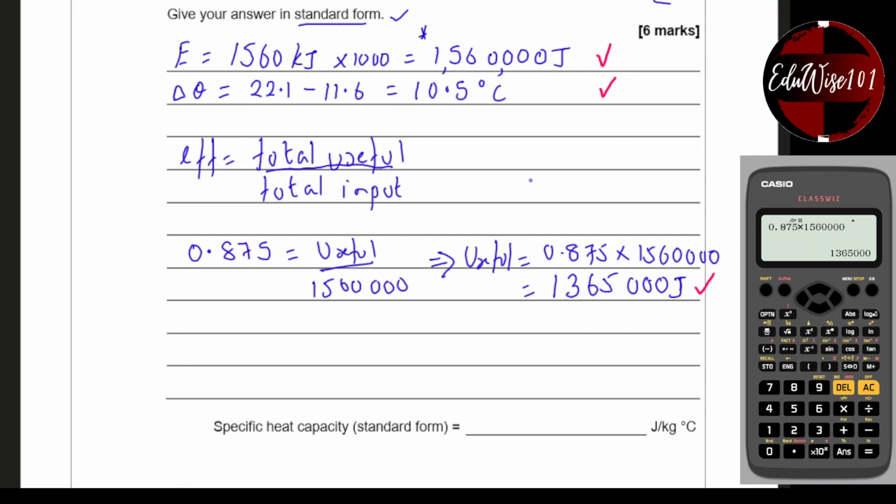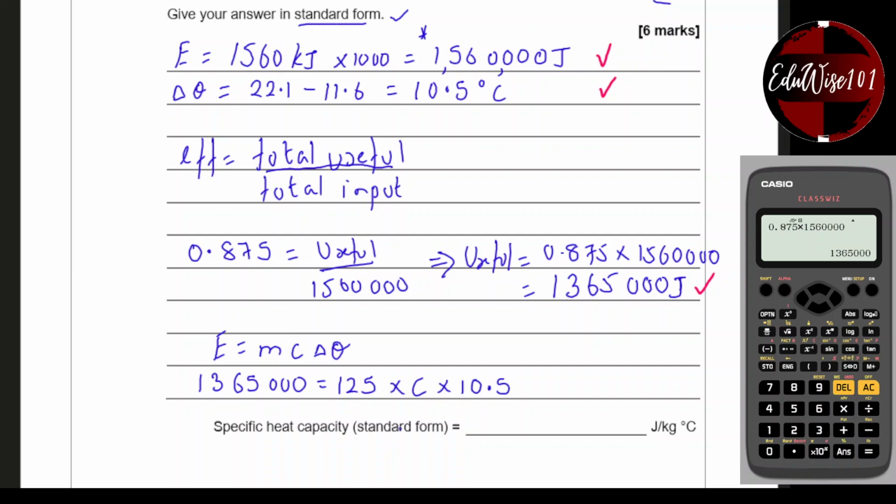So finally, we can work out the specific heat capacity using this energy. Energy equals the mass multiplied by the specific heat capacity multiplied by the temperature change. So 1,365,000 equals the mass, according to the question, 125, multiplied by the specific heat capacity, multiplied by the temperature change, which was 10.5.